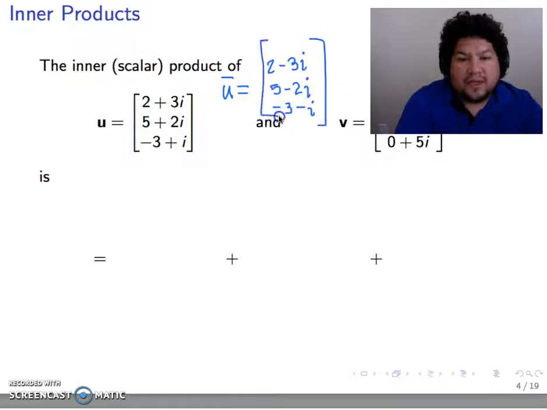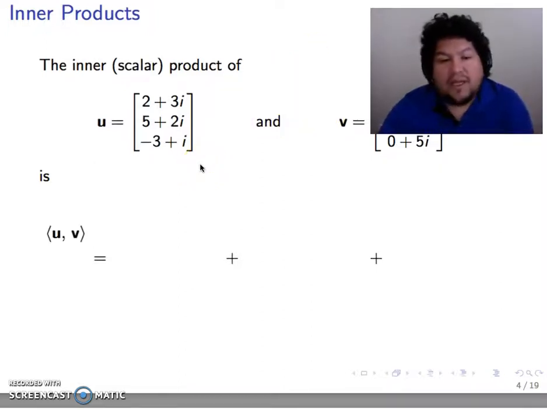Given that this vector is u, this would be the conjugate of u. And so those entries, 2 minus 3i, 5 minus 2i, minus 3 minus i, would be the entries that we would employ in the calculation of the inner product, right?